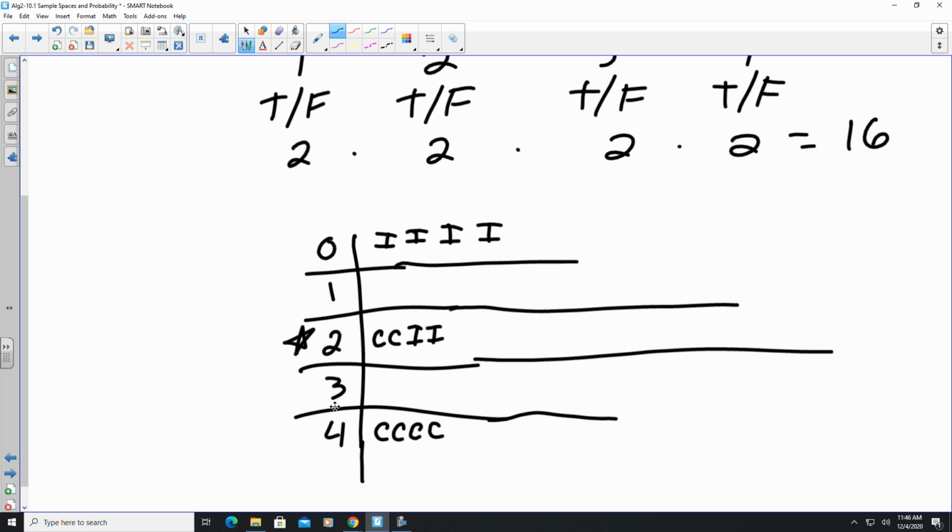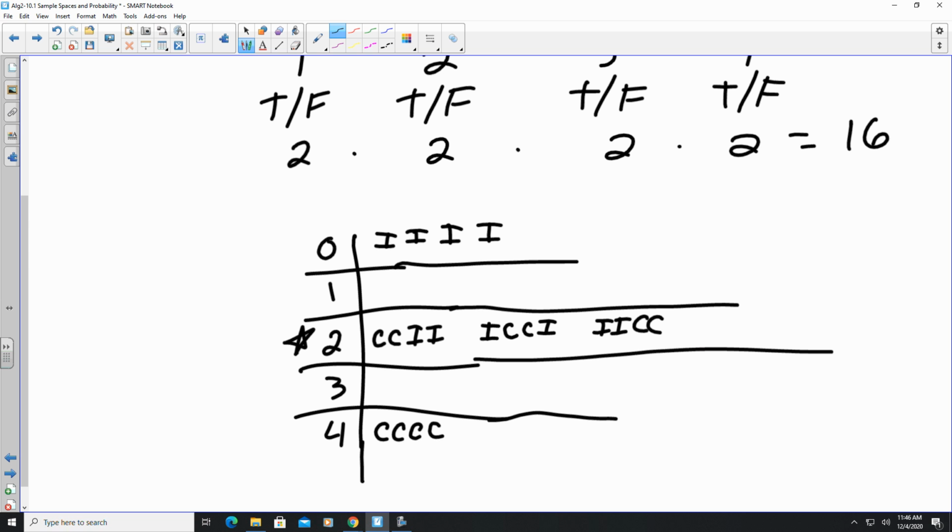Another way is, I got the first one wrong, the second and third correct, and the fourth wrong. Still exactly 2. Another way is 1 and 2 were incorrect, and 3 and 4 were correct. So right now I have 3 possible outcomes with exactly 2 answers correct.